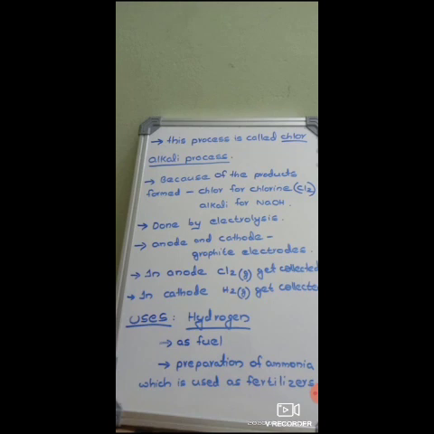This process is called the chlor-alkali process. Do you know why it is called the chlor-alkali process? The reason is that during this process, chlorine Cl2 is produced as one of the products, and alkali is also produced as one of the products.